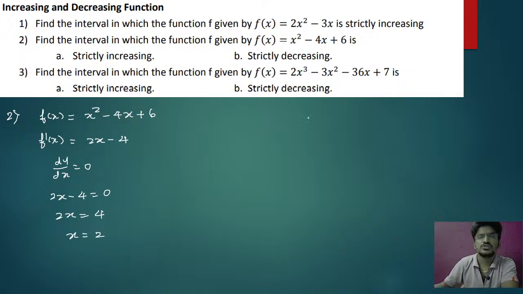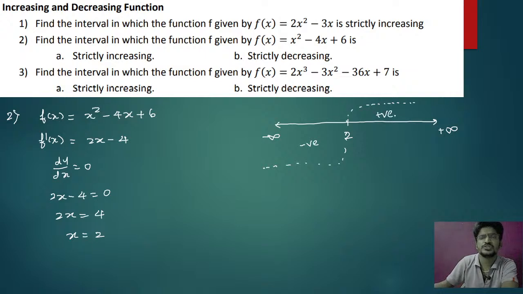Clear? So from that you can check through this, that is negative infinity, positive infinity. Here you put 2 and you just see the curve goes like this and it turns here and it goes like this. So here it is negative, here it is positive.